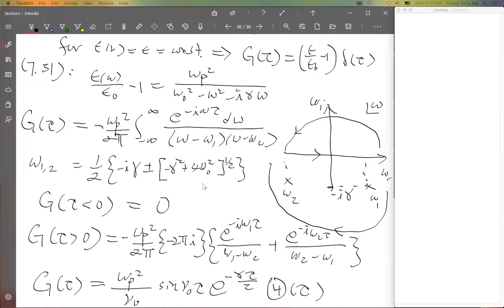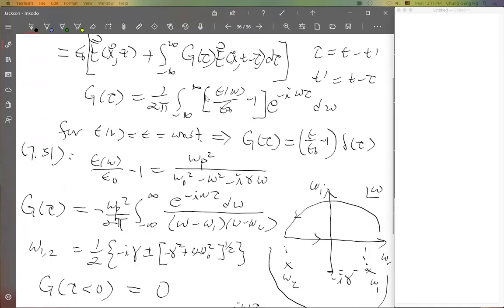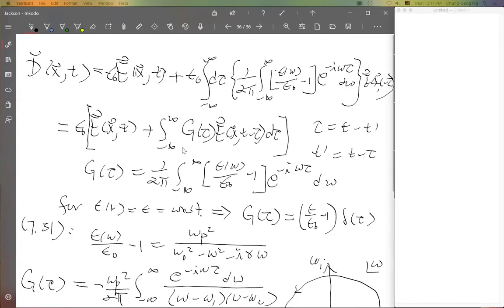Now, for the g function, after you do the integration, tau is only non-zero when tau is positive. This means that instead of integrating from minus infinity to infinity, you're integrating from 0 to infinity. So D depends on E with tau positive. t minus something positive means in the past.